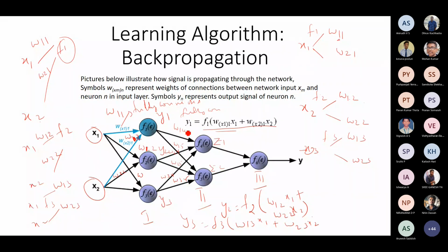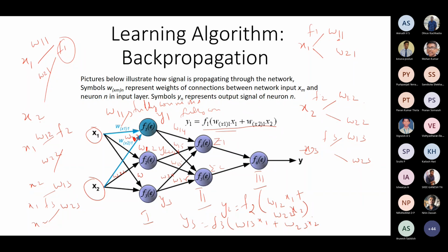I can call this W14 because I am giving it to the fourth block, and this is going to be W24, and this is W34. Similarly this is W15, W25 and W35 respectively. F4 and F5 operate on that and give outputs called Z1 and Z2.